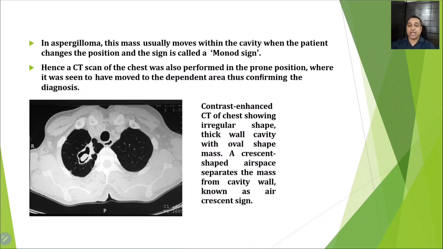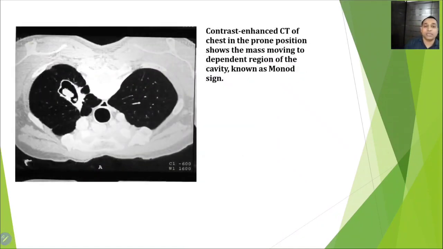So here is the cavity, which is a preformed cavity present here, and this is the soft tissue mass present here, and this mass is separated from the wall of the cavity by a crescent of air. So this sign is called the air crescent sign. This is one more CT scan of the patient which is performed in the prone position.